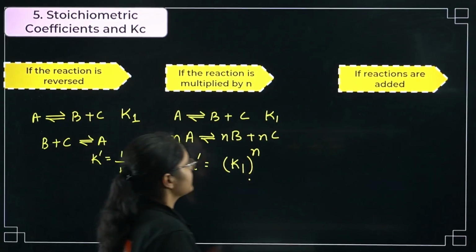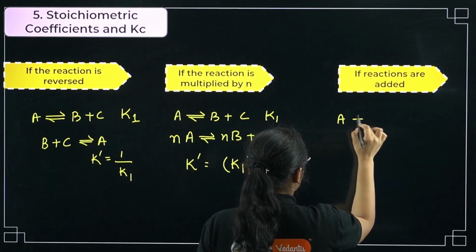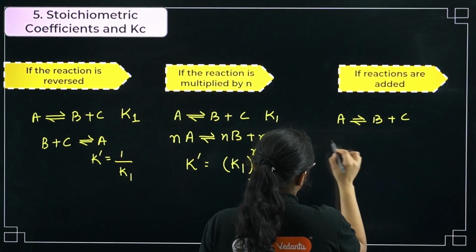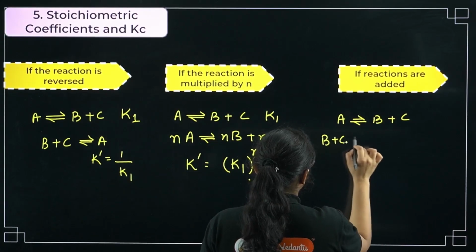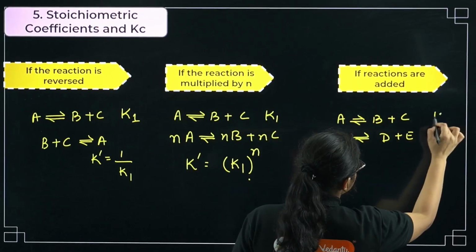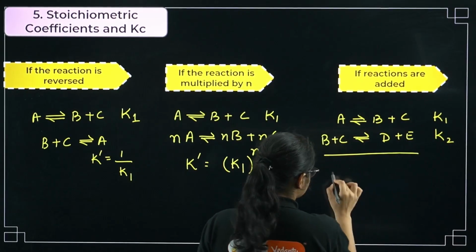Next we have if the reactions are added. So if you have two reactions like A gives you B plus C, and suppose B plus C gives you D plus E. This reaction has K1 and this reaction has K2. Now if I add both of these reactions, what will I get?